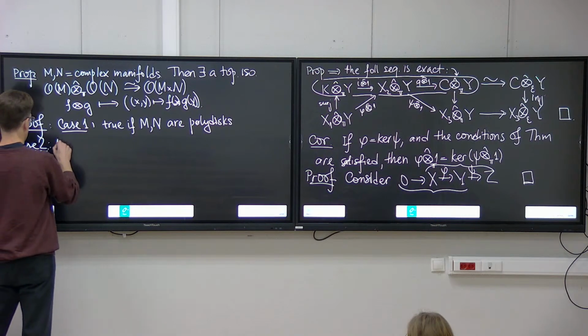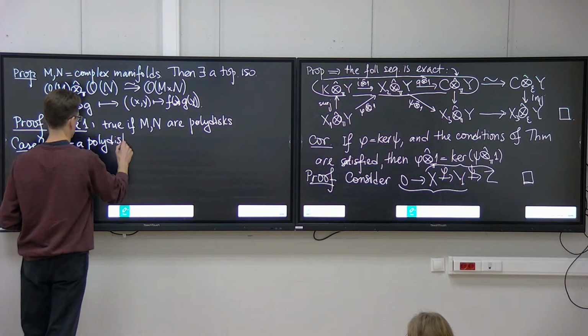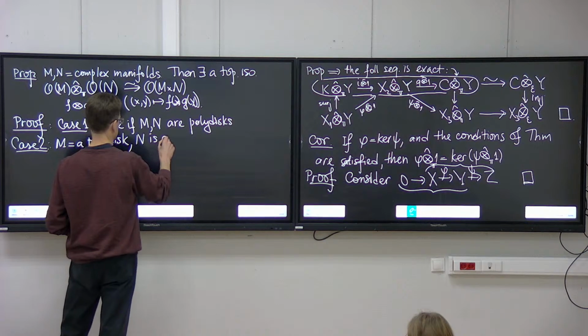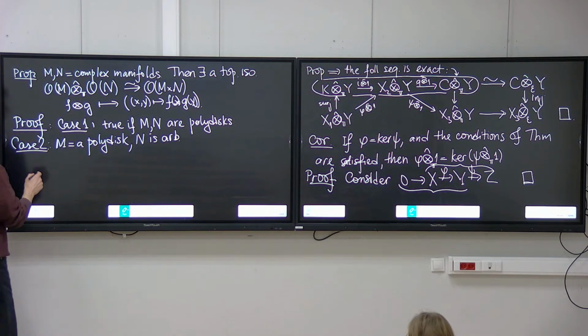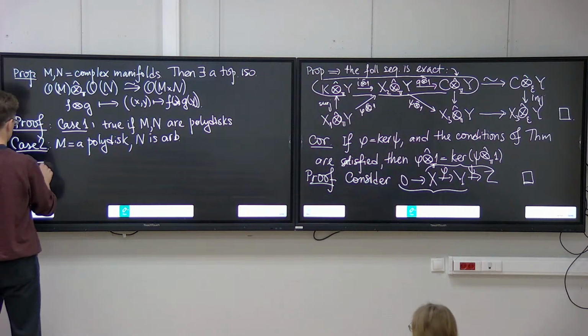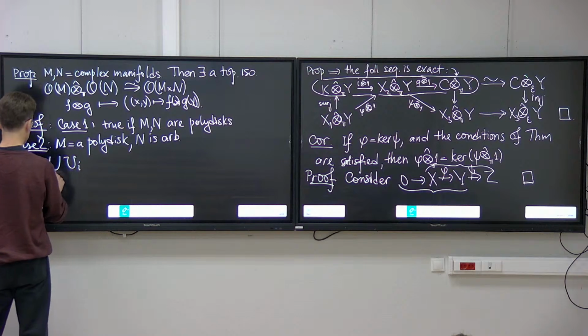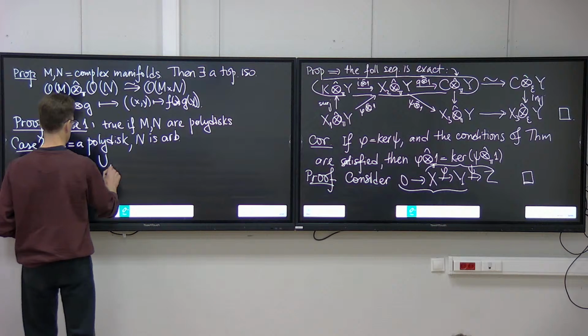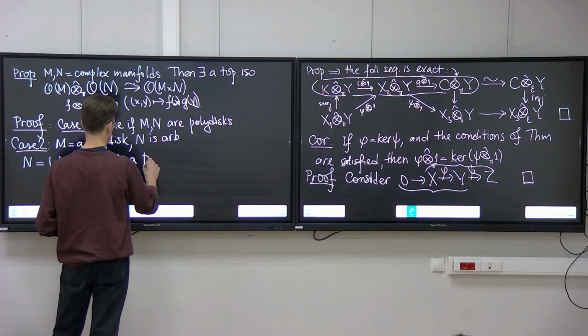Okay, case 2. Suppose that now M is a polydisk and N is arbitrary. And let's take an open cover of N by polydisks, U_i, where each U_i is an open set biholomorphically equivalent to a polydisk.